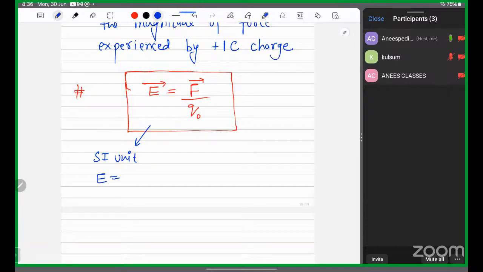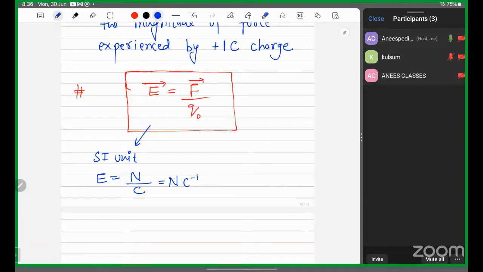Electric field is given by force by charge. So what is the SI unit of force? Newton. And charge is taken in Coulomb. So SI unit of electric field is Newton per Coulomb, which can also be given as Newton Coulomb inverse.